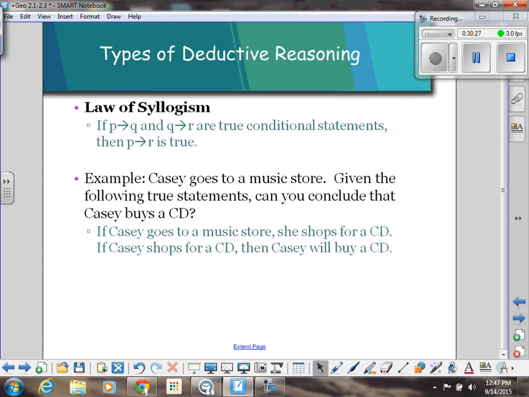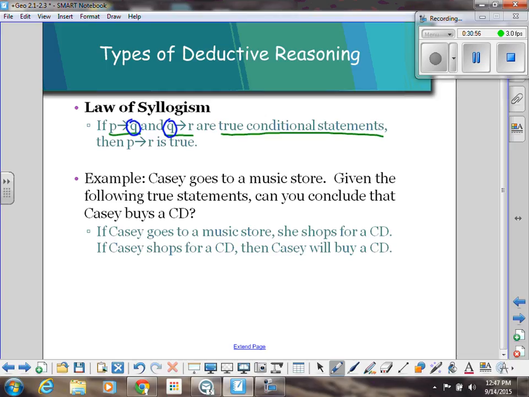We also have the law of syllogism. Write that one down. Syllogism. So notice in this one, I have to have two conditional statements that are true. And notice that the conclusion in the first one is the hypothesis in the second one. Do you see that?